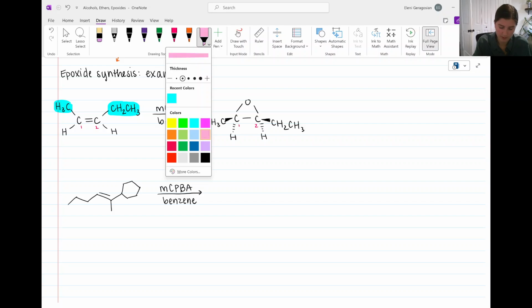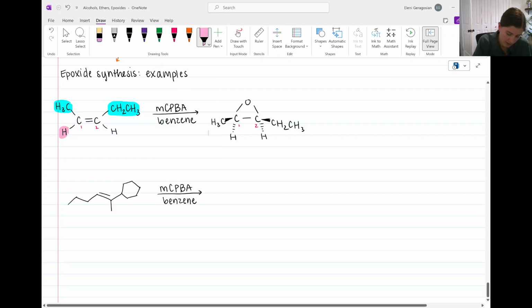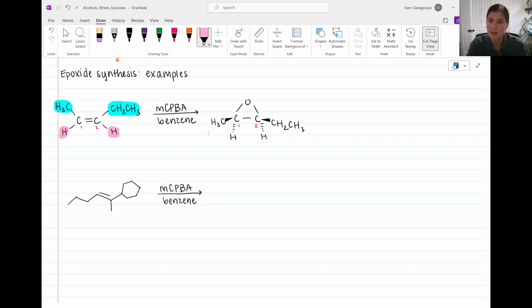Okay, so these two hydrogens on the same side of the double bond, so they get the same bond in each stereocenter. Now it's important, I skipped over this, but if we look at carbon 1, carbon 1 in the product is bonded to a hydrogen, a methyl, an oxygen, and that longer carbon chain.